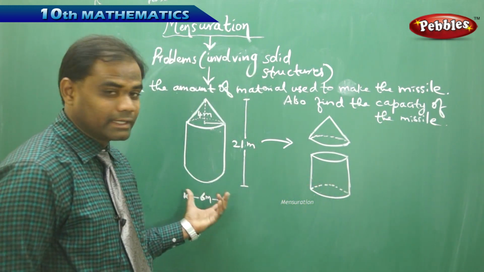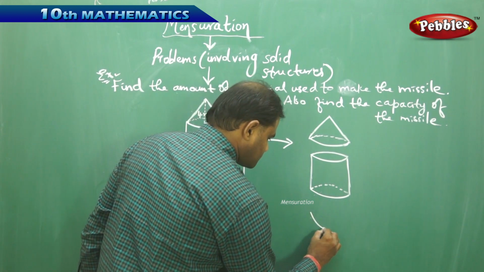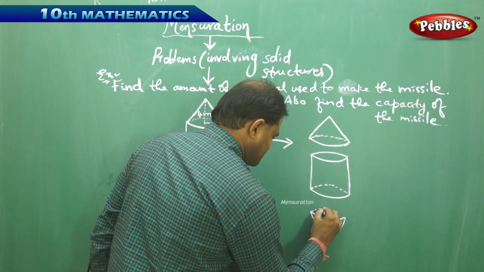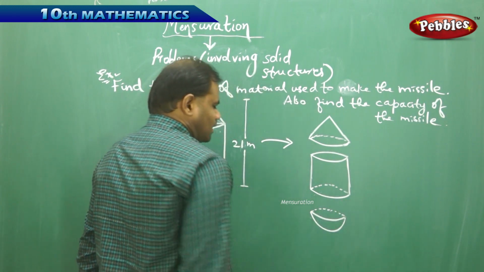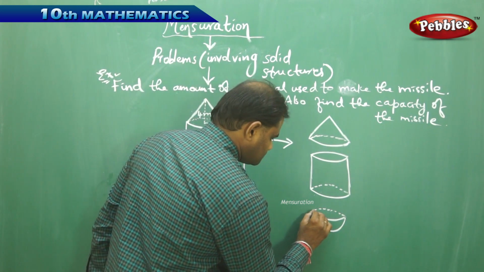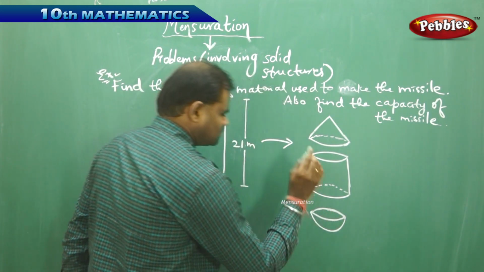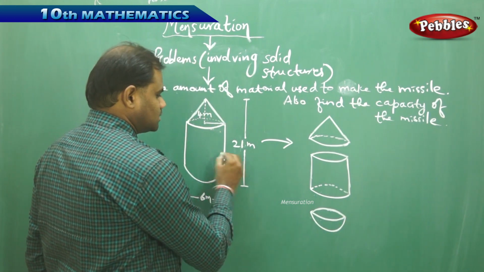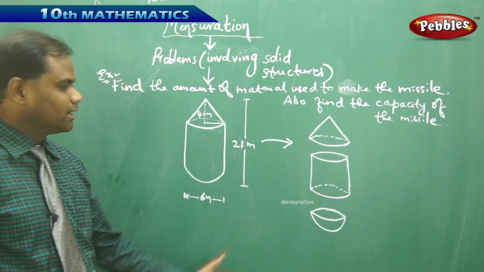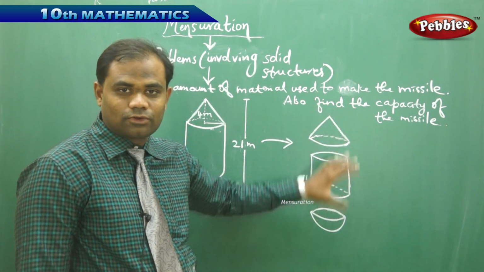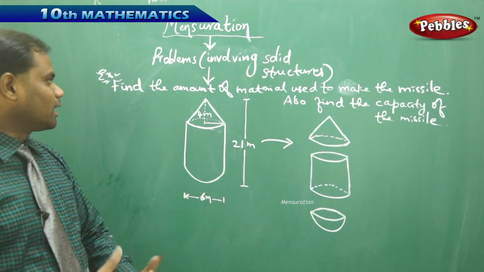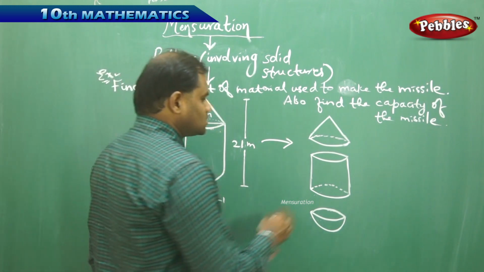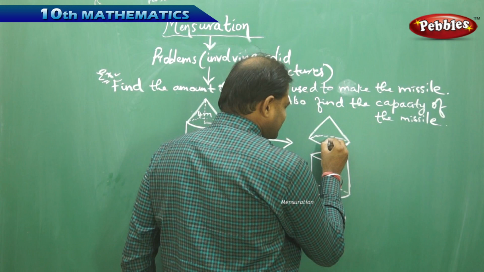And finally, I get the bottom part, which is a hemisphere. This is what I get when I divide the missile into these three. Now let's find the areas and volumes of each of the solid structures and combine them, where I get the answer for the entire missile. So with this cone, let's see what exactly is the radius of this cone.